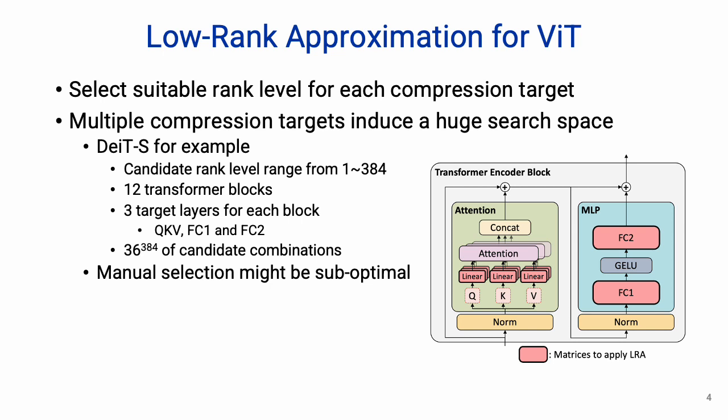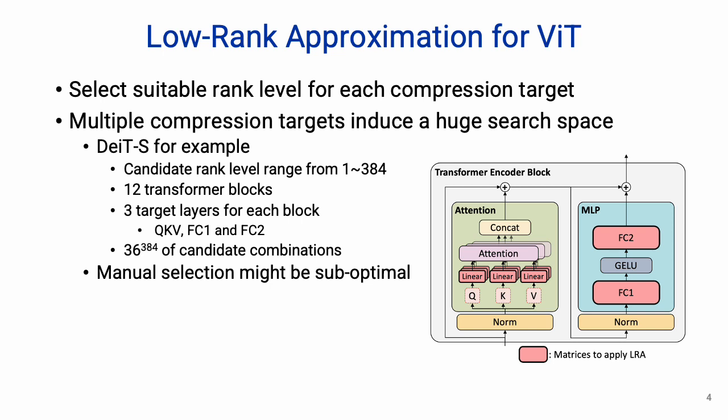To apply the low-rank approximation onto the vision transformer, we have to carefully select a suitable rank level for each compression target to maximize the reduction of computational cost while maintaining the accuracy. However, this rank selection problem is non-trivial due to the huge search space induced by multiple compression targets. For instance, on the DeiT-S, we have candidate rank levels ranging from 1 to 384.